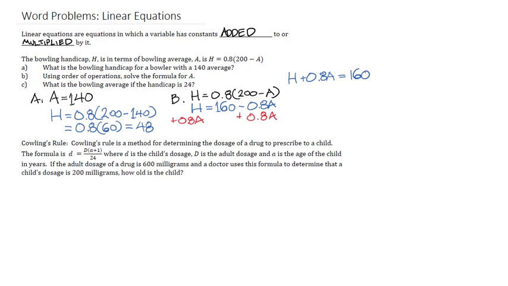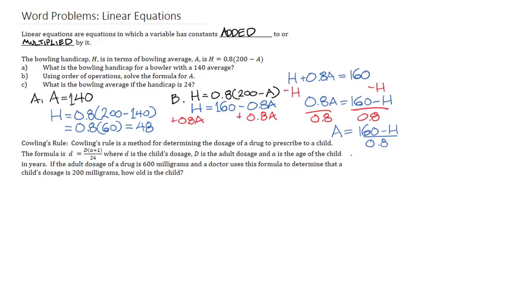From there, if again it is a we are trying to isolate, we can then subtract h, and we get 0.8a equals 160 minus h. And then finally, we could divide by 0.8. I get that a is equal to 160 minus h, all over 0.8. You could simplify this further if you wanted to.